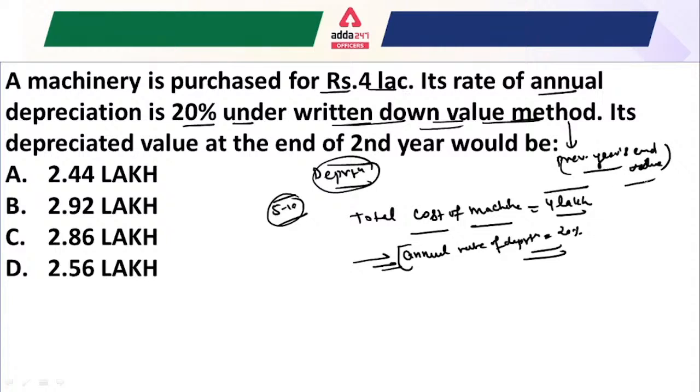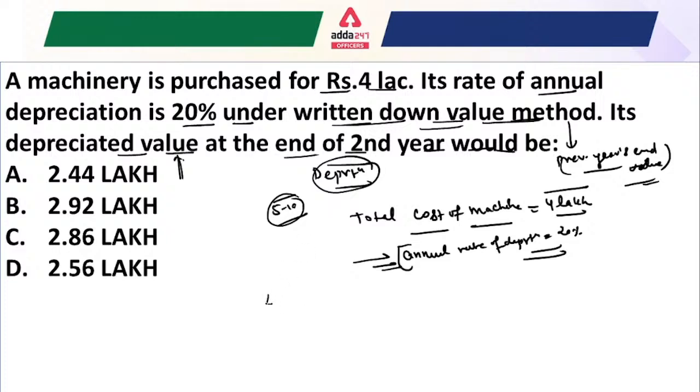Understand this? Okay, so now you have to find the depreciated value at the end of the second year. That means you have to find what the value of the machine will be at the end of the second year. So how can you calculate this?